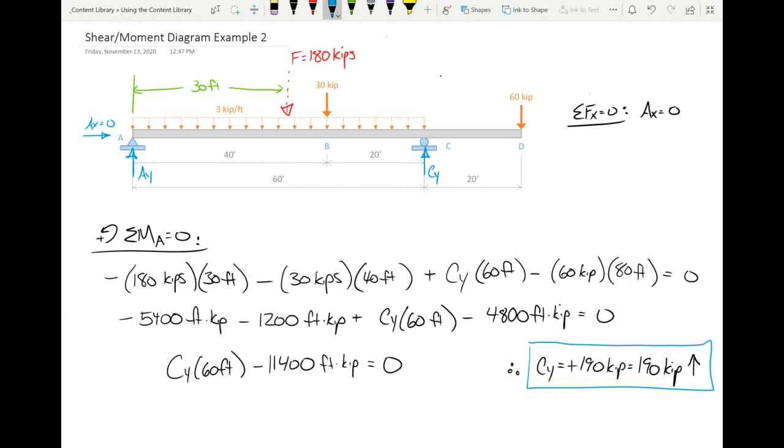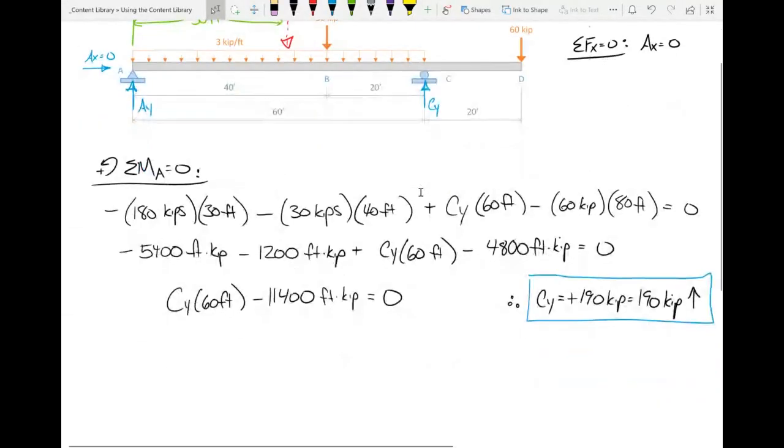Okay, all right. Now what we have to do is sum forces in the y direction, right? We've summed forces in the x direction, we've summed moments. Now we need to sum forces in the y direction.